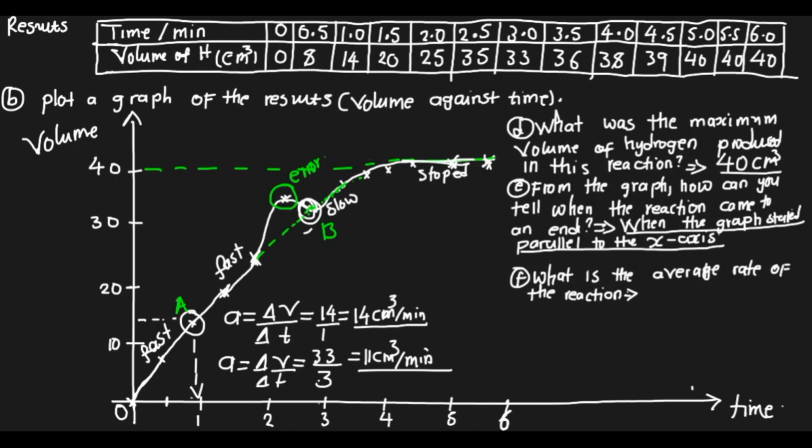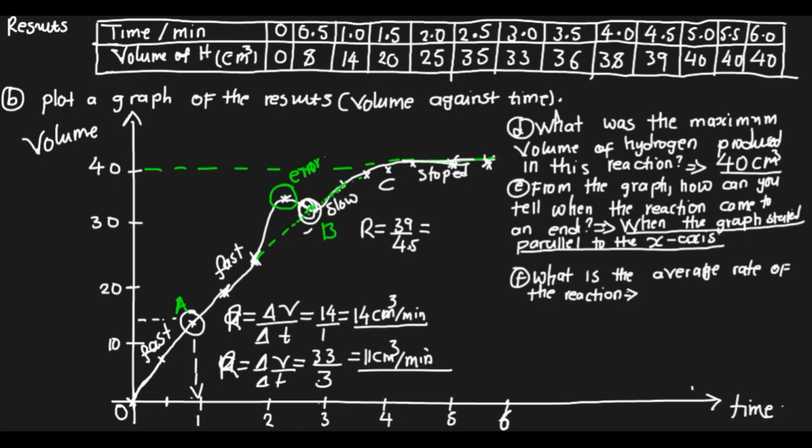Now let's take this point C. You can also find the rate here. So rate of a chemical reaction, or let me not say average, so this is the rate. The time at C is 4.5 and the volume is 39.